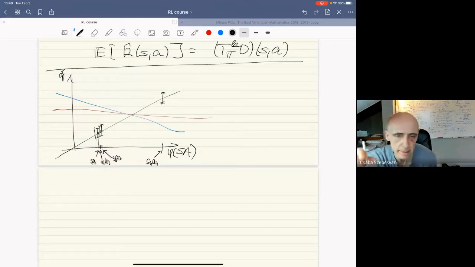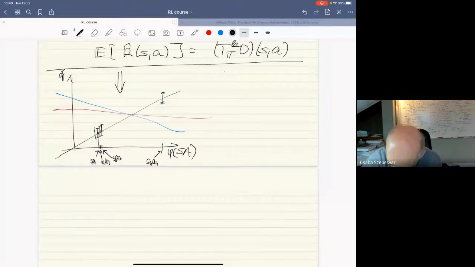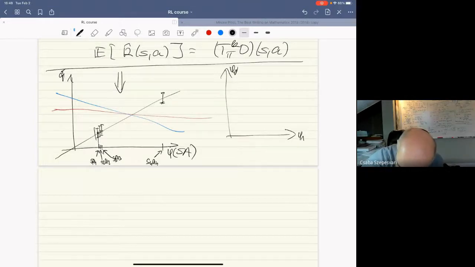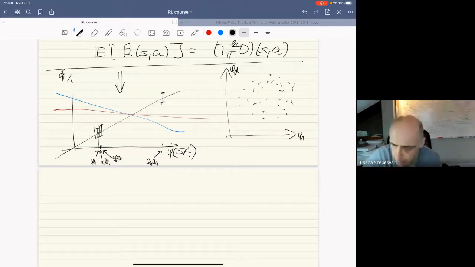I guess you mean that if you look from the top to the bottom, this becomes two-dimensional. So we have the feature space here. This is feature 1, this is feature D. Then there are all these feature vectors. They are somewhere.